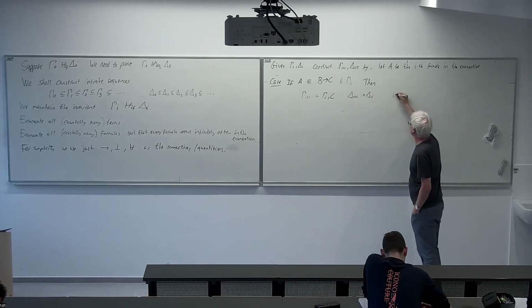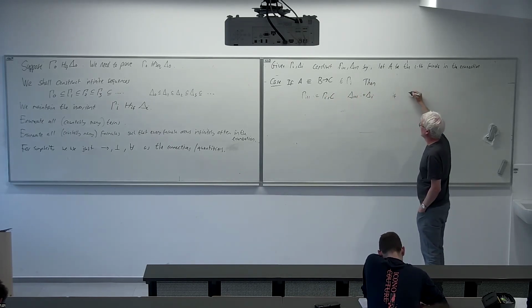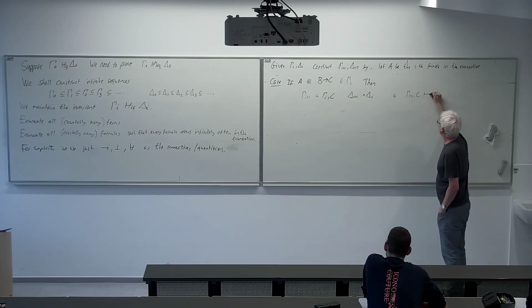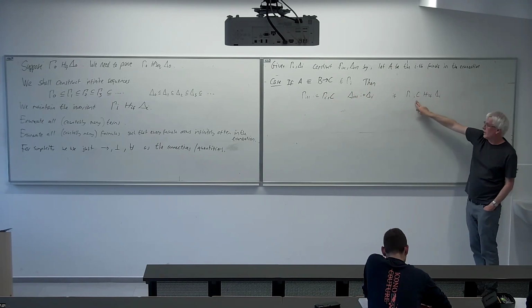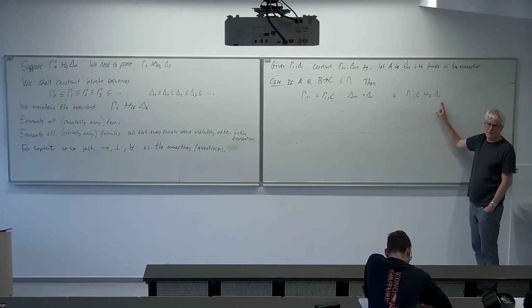In the case that gamma i together with C, that this sequent, if we add C to gamma i, is still not cut-free provable.